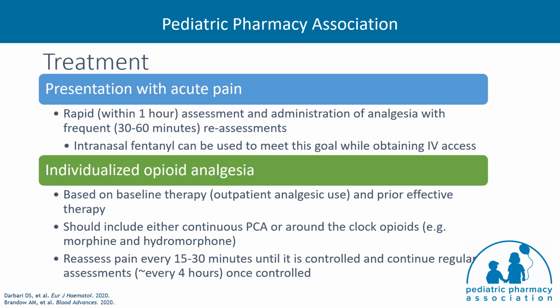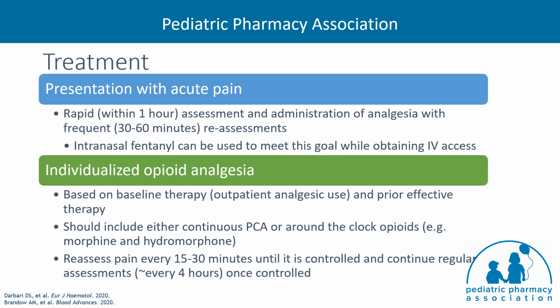So for patients presenting with acute pain, rapid, within 1 hour assessment and administration of analgesia with frequent reassessments is recommended. For these patients, they will often not have an IV at presentation, and we can consider using medications like intranasal fentanyl to help rescue their pain while we're working to obtain that IV access.